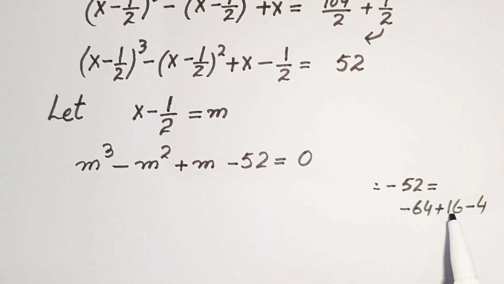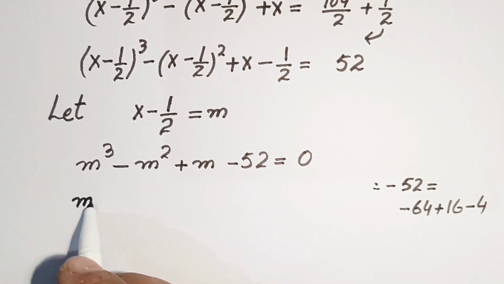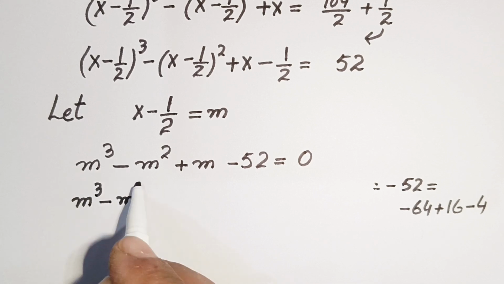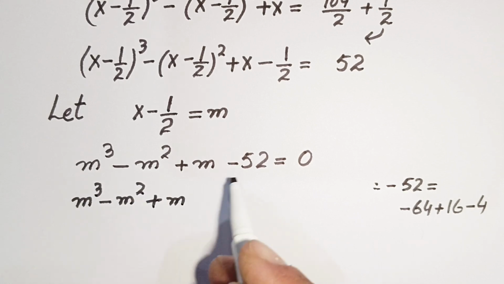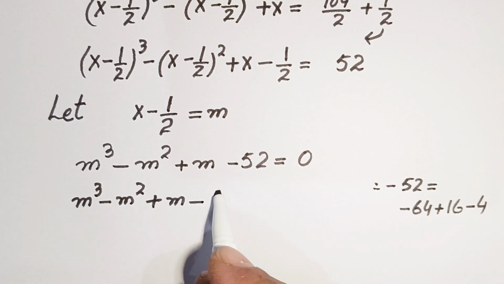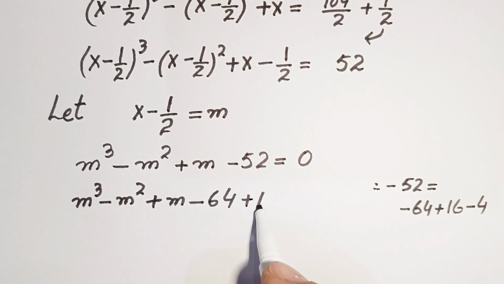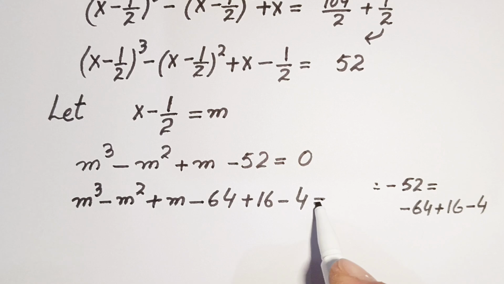Here plus 16 minus 4 is plus 12, so when we subtract 64 and 12 we get minus 52. So m^3 − m^2 + m − 52 can be written as m^3 − m^2 + m − 64 + 16 − 4, that is equal to 0.